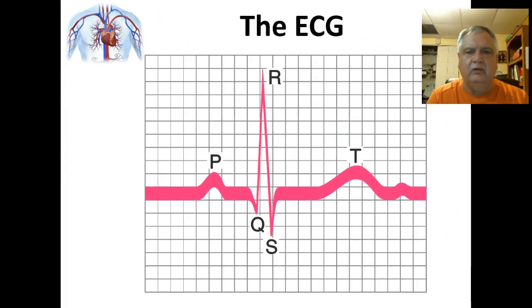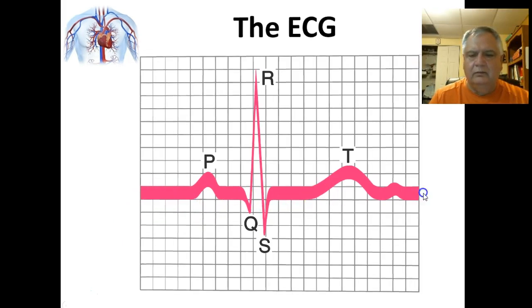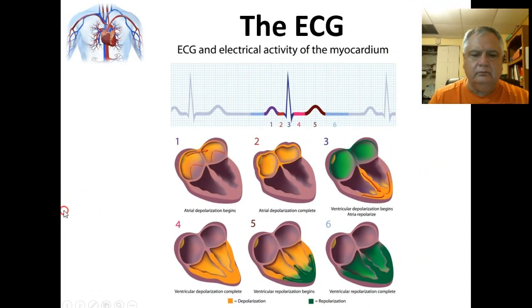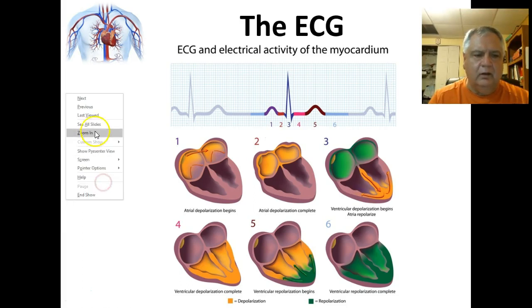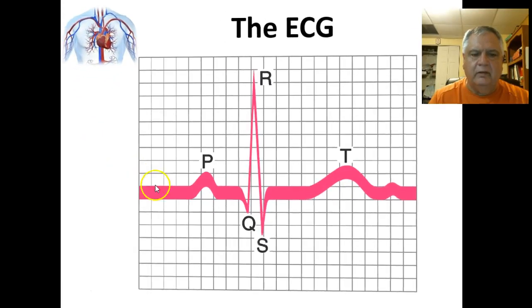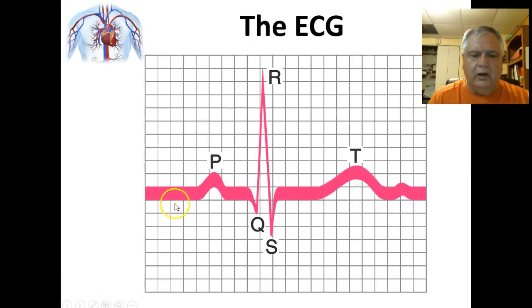Okay, let's take a look at these on a typical ECG or EKG. So here is our isoelectric line. Whoops. Let's just go back here. Sorry about that. Here's our isoelectric line. Here's our first deflection of the isoelectric line, the P wave. Then there's a short segment here.